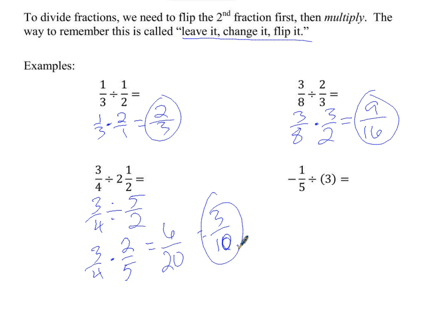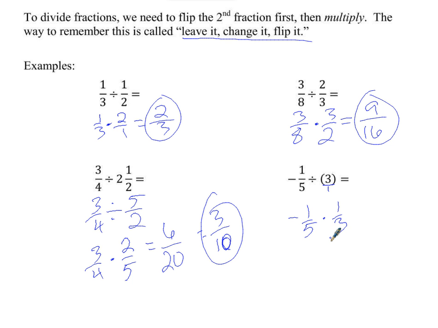All right, the last one, negative 1/5 divided by 3. How do we do that? This is just an integer here, so we're going to put that over 1 so that we can see that it is a fraction. And now when we leave it, change it, flip it, we shouldn't make any mistakes. So what will I write? Negative 1/5 times 1 over 3.